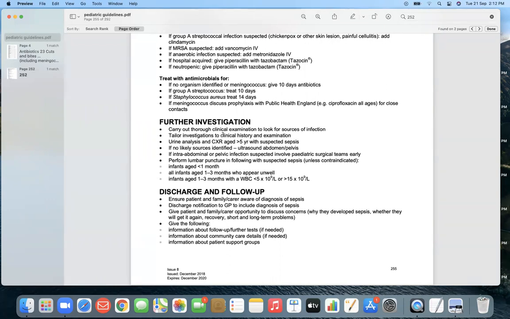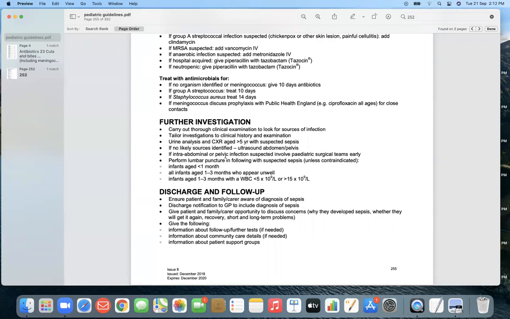So for further investigations, carry out a thorough clinical examination to look for the source of infection. Tailor investigations to clinical history and examination. So always your history and detailed examination will guide you what you have to do. Urine analysis and chest X-ray if aged more than 5 years with suspected sepsis.